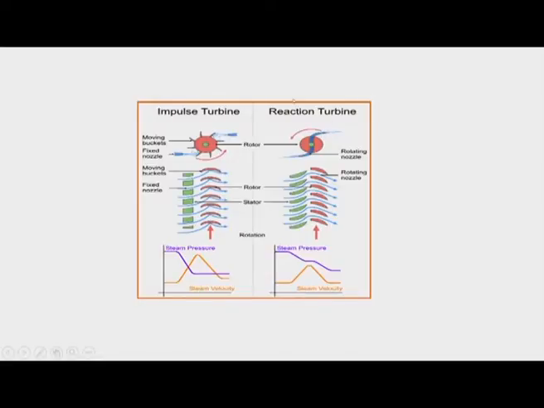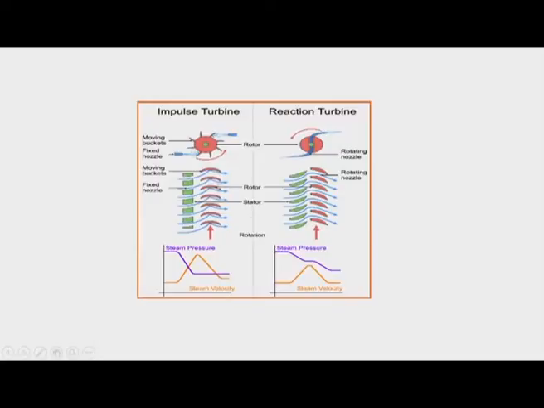One is called the impulse turbine, another is called the reaction turbine. In the impulse turbine, we have nozzles in green and a rotor in red. Similarly, in the reaction turbine we have nozzles in green and a rotor in red.